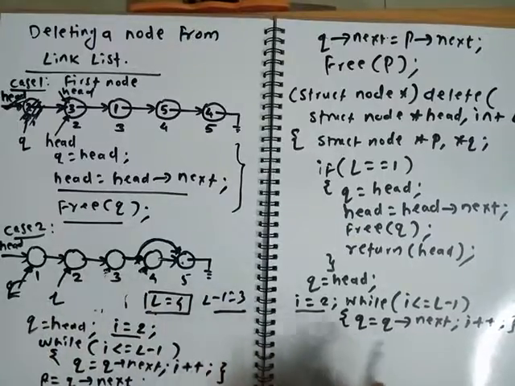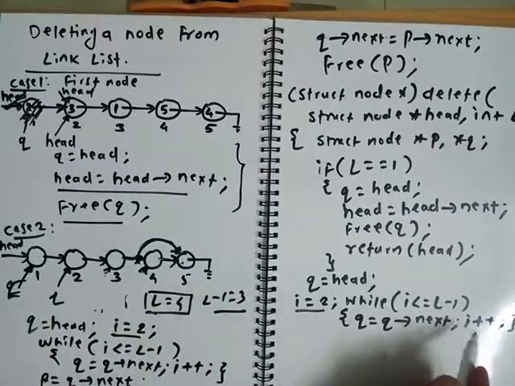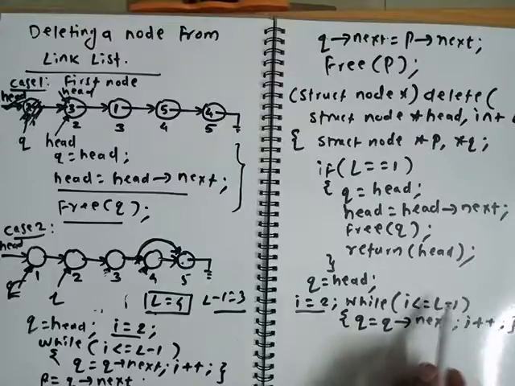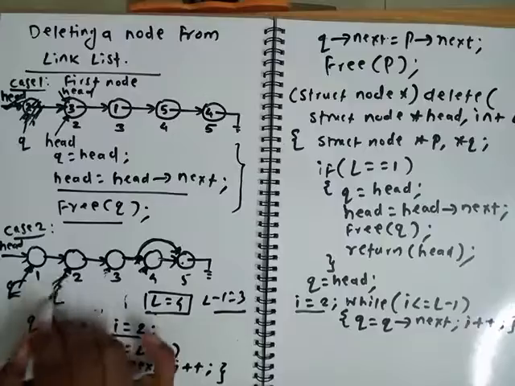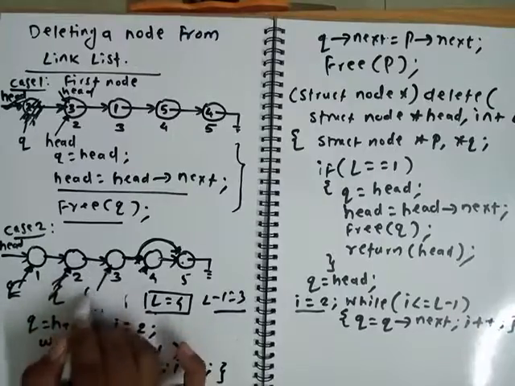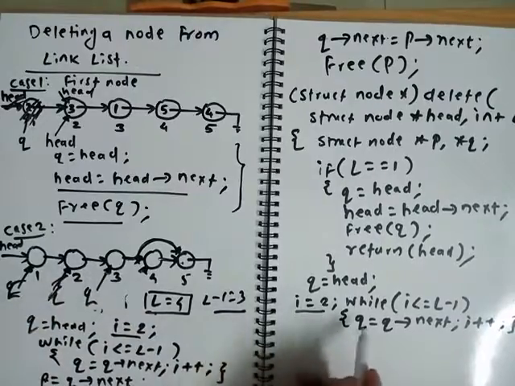Now increment I becomes 2, so 2 is less than 3, condition is true, so execute the while loop. It says take Q to Q next, so Q will point here. Increment I becomes 3 this time.